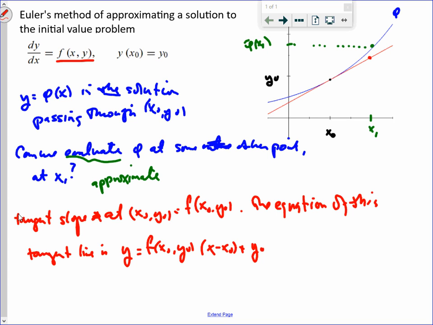So what we do is we let this distance be, let's call it h. If you go back to your calculus 1, you might have called that dx or delta x.